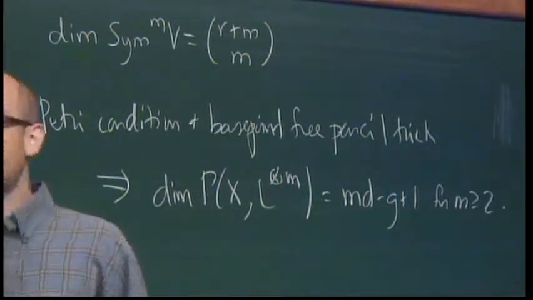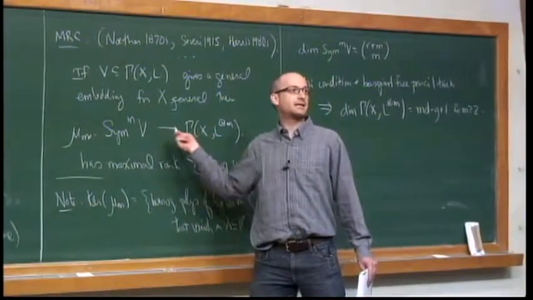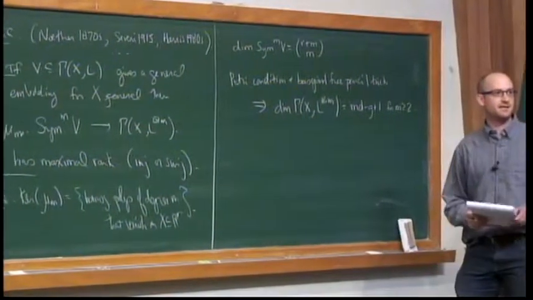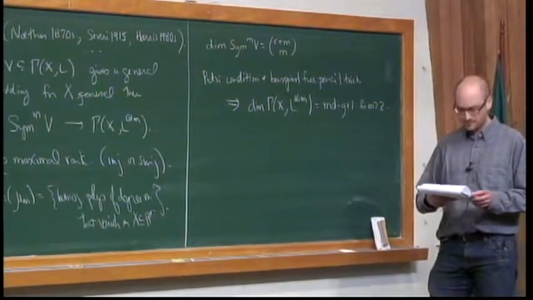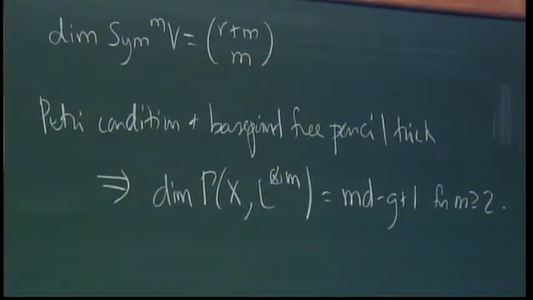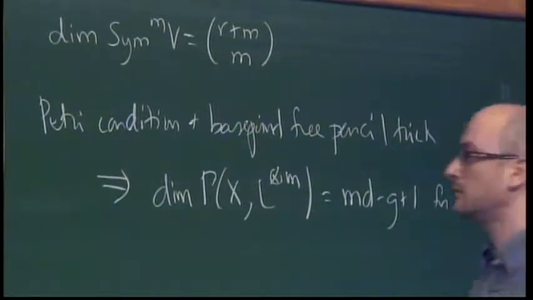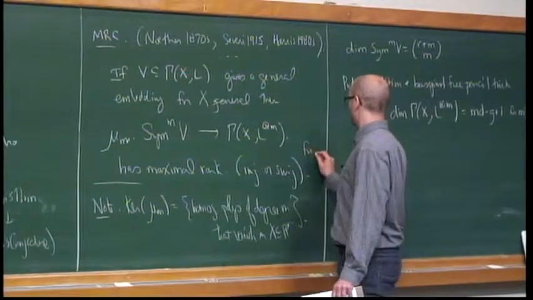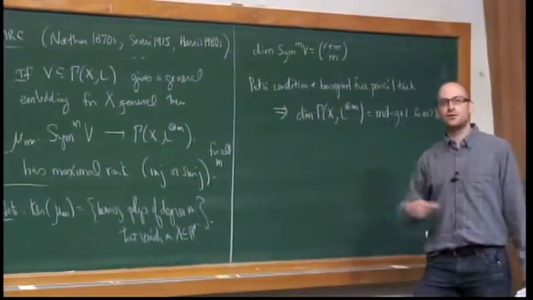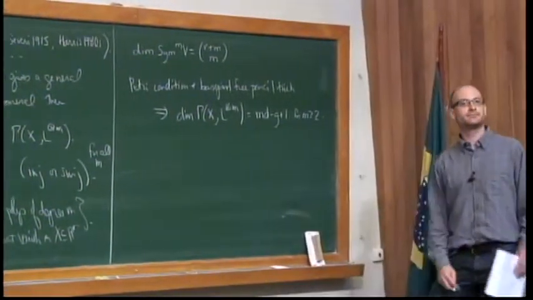So saying that this has maximal rank tells us exactly what the dimension of the kernel is. So that tells us the dimension of that graded piece of the ideal sheaf, and hence predicts the Hilbert function. And if you fix g, d, and r, then you only have to check finitely many m.